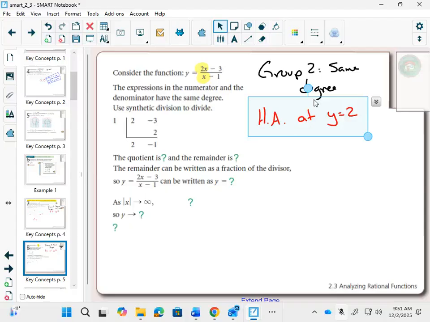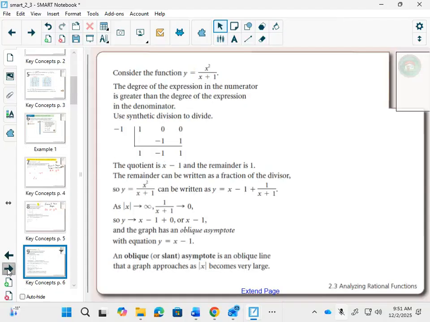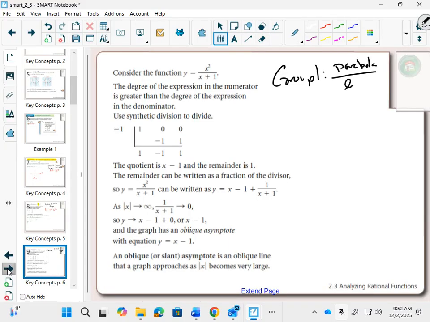Where things get interesting is with group 1. And group 1, sometimes you have a factor that simplifies. But if you have a group 1, parabola over line with no holes is important.